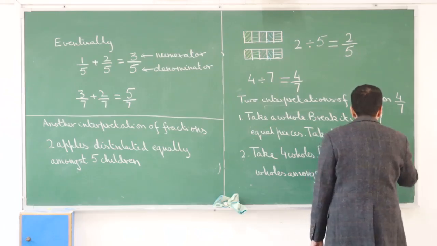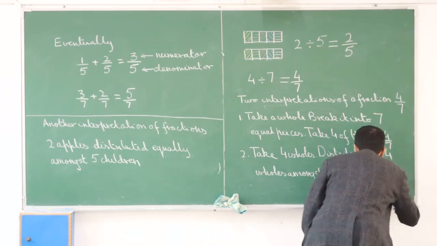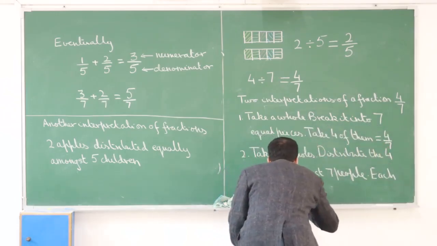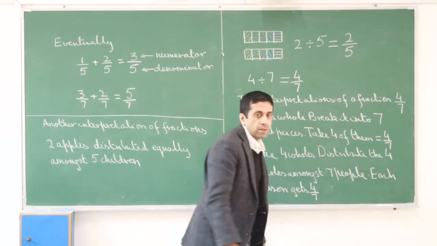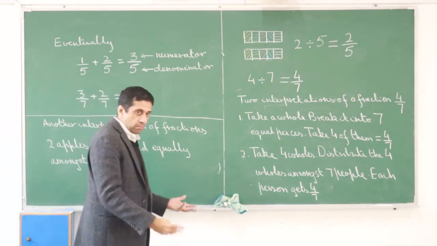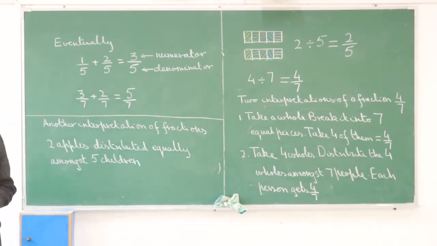This is equal to 4 over 7, right? So each person gets 4 over 7, right? Okay, is this clear? Both useful, both effective, just you have to be able to comfortably go between the two. Okay.